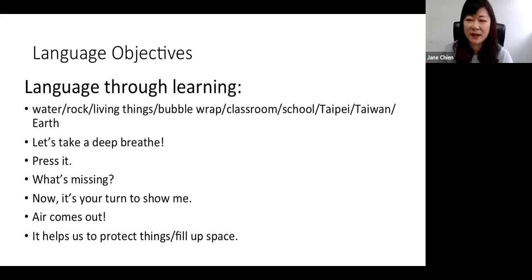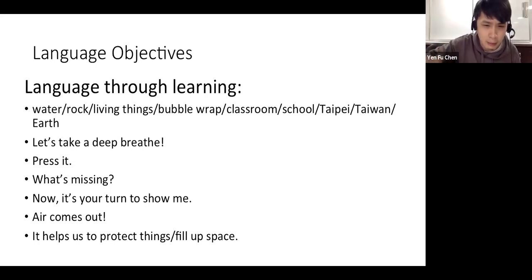Deep breath. And "protect things," "fill up space." I think these sentences are not really easy for them, but I will use my PowerPoint to make sure they understand. If they really don't understand, I will use some Chinese or Mandarin to help them understand.